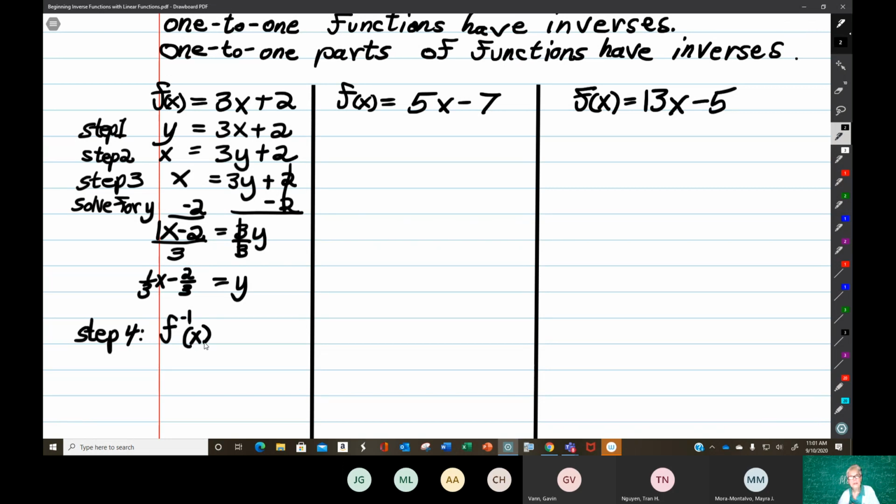The whole thing, you don't take it apart, you don't say 1 over f of x. This is just a symbol, it's a code. It's a symbol in a larger code, and it means the inverse of the function. And all I'm going to do is copy down this. This is the inverse of the function.